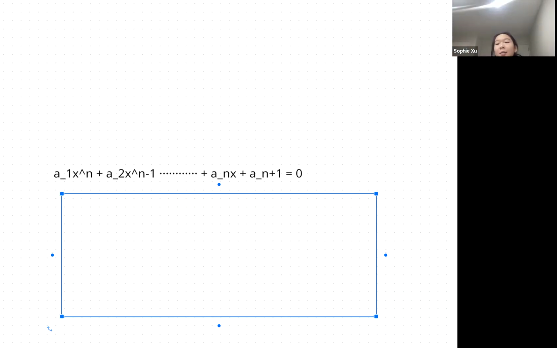So it's basically just that. Does that make sense? This might be a bit hard for people who haven't really touched on polynomials and stuff. Okay. Should we do some problems now?